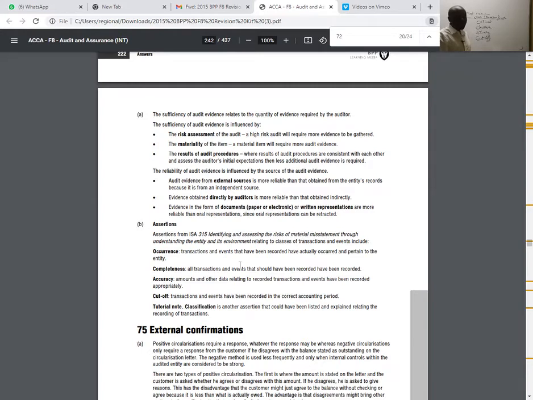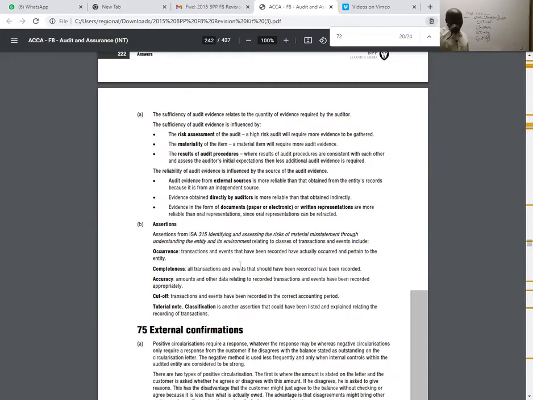All transactions and events that should have been recorded have been recorded. So it means that our financial statements are complete as regards the transactions that took place. Accuracy. Amounts and other data relating to recorded transactions and events have been recorded appropriately. And then we have cutoff. Transactions and events have been recorded in the correct accounting period.